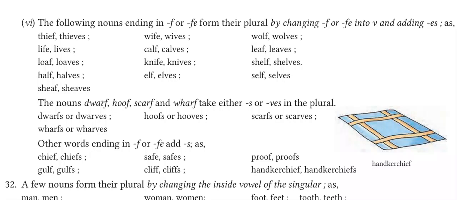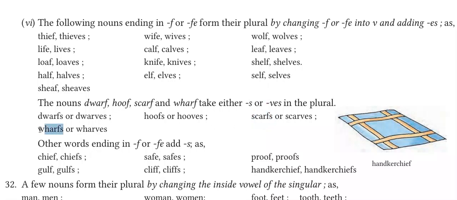The nouns dwarf, hoof, scarf, and wharf take either s or ves in plural. How? Dwarfs, we can say dwarfs as well, so both are acceptable. Hoofs or hooves. Scarfs or scarves.